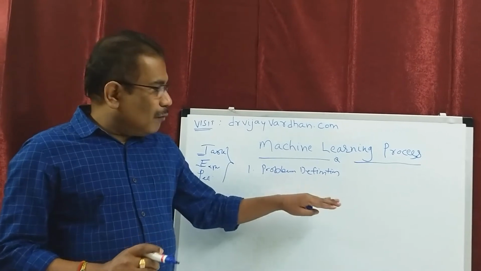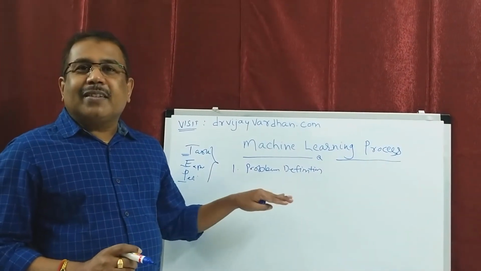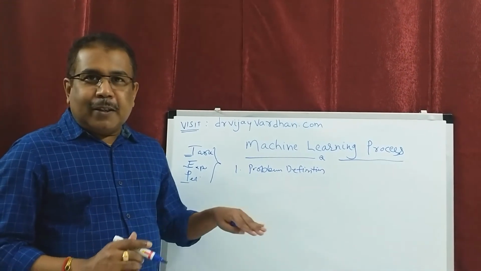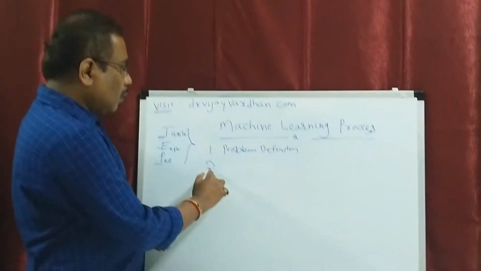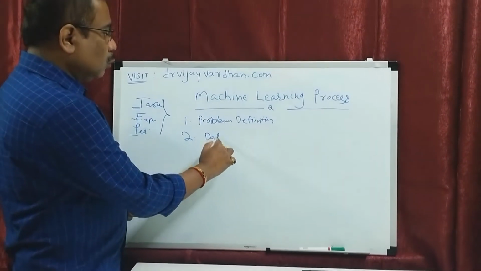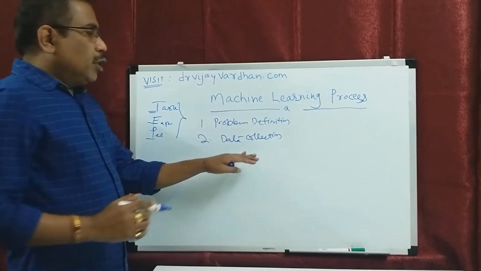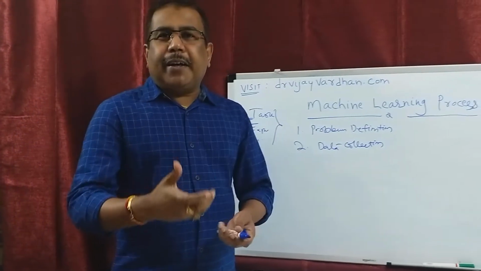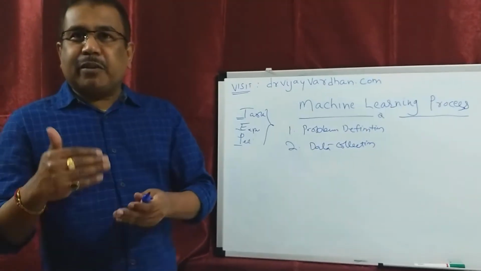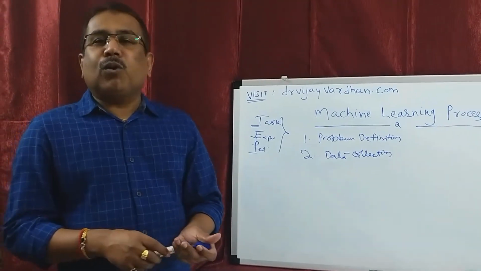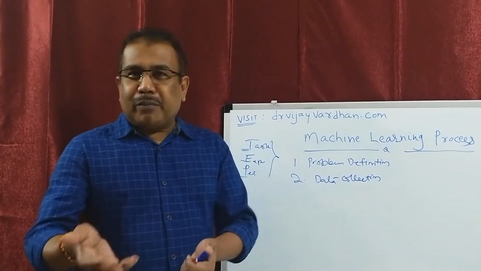Now after defining a problem, the second part is data collection. If you want to collect data from a website, there is web scraping. If you want to collect data from Twitter, there are APIs.